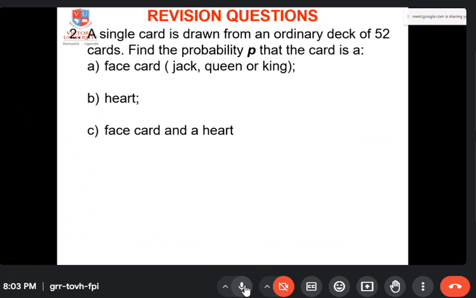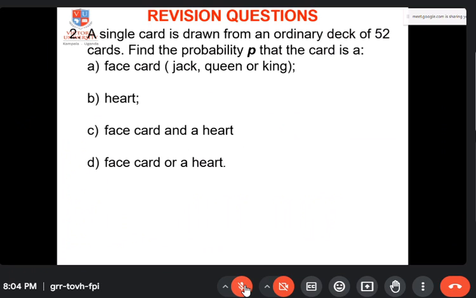There are 3 face cards which are also hearts. Very good. So what is the probability of a face card and a heart? Out of 52, very good.